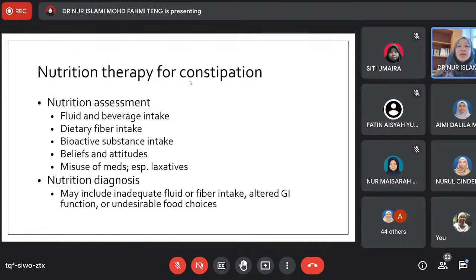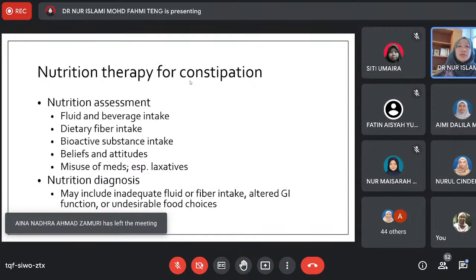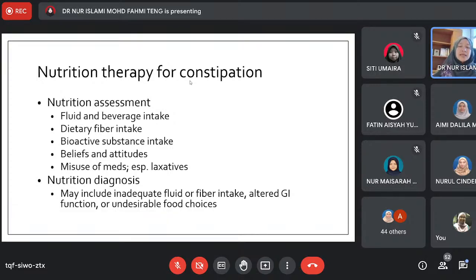Okay. So nutrition therapy for constipation, we perform their nutrition assessment. We assess their fluid and beverage intake, and then dietary fiber intake, and we also assess any bioactive substance intake, their beliefs and attitudes, and also misuse of meds, especially laxative medication.